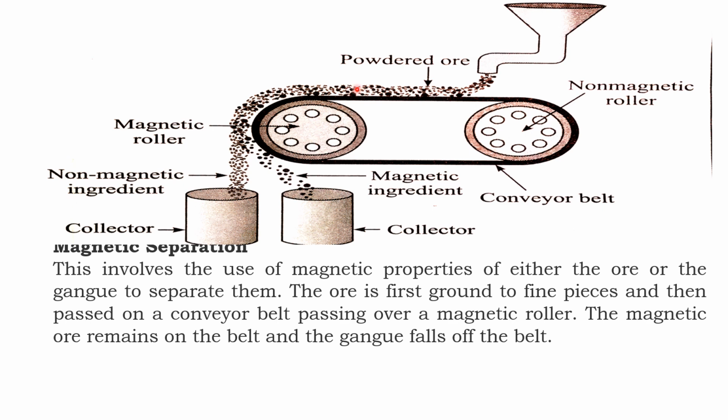If the ore particle has magnetic attraction, it will be attracted and fall on this collector. If the impurity is non-magnetic material, it will directly fall on this collector, so that we could separate the non-magnetic impurity and the magnetic ore particle. That is the process of magnetic separation.